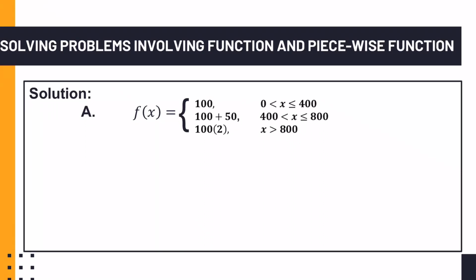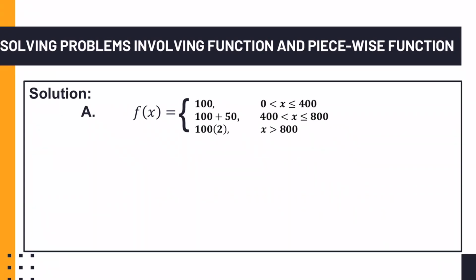So for letter B, the question is, how much shipping fee will they charge if the total amount of orders are 500 pesos? So since based from the problem, the total amount of orders are 500 pesos, that means the specified domain is greater than 400 but less than or equal to 800.